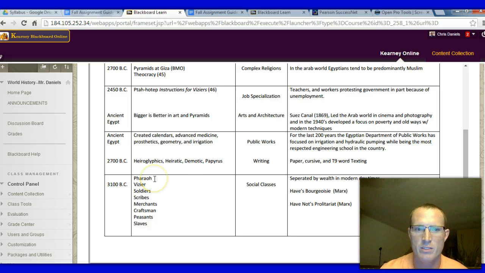On top you have the pharaoh, then you have the viziers and priests, soldiers, scribes, merchants, craftsmen, peasants, and slaves. This is a pretty set structure in Egypt, and it's set up in a pyramid. There's one pharaoh, there are a few viziers, there are more soldiers, there are more scribes, there are quite a few merchants, there are even more craftsmen.